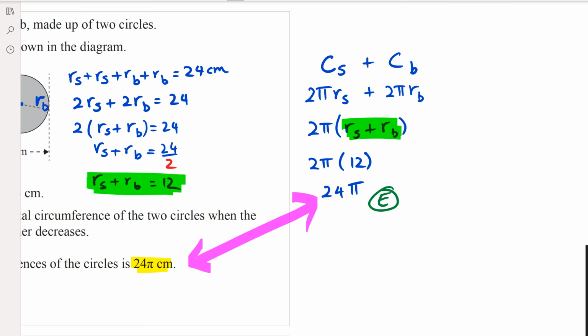As for the achieved, there's quite a lot of things to do here to get achieved. So you could do it with diameter, you could do it with radius. So this could get you an achieved. 2 correct procedures from you.